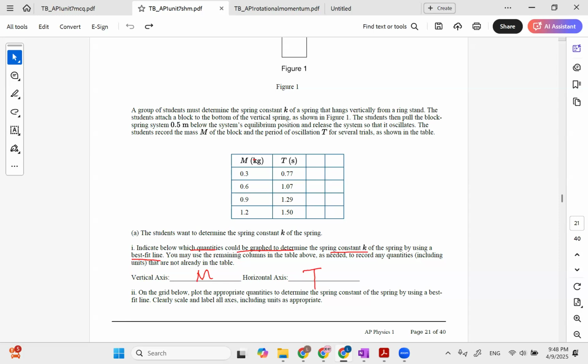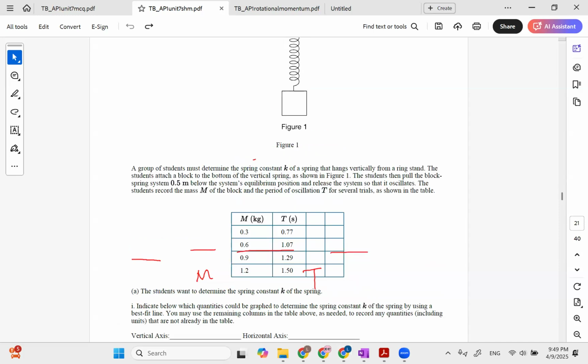No, right? Look at the equation. What equation is related to mass and period? Which one do you look at? Remember, you are given T, you are given mass, right? So what equation?